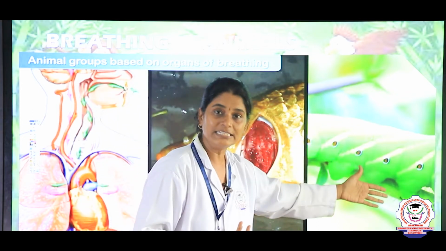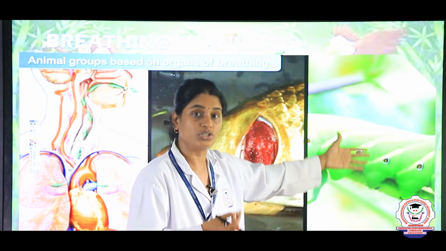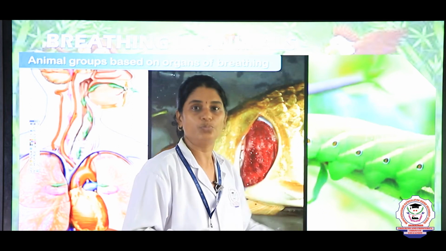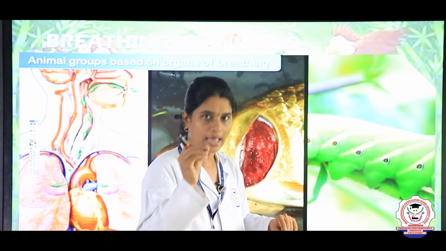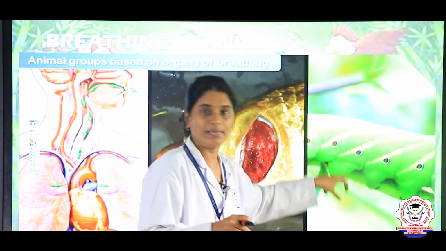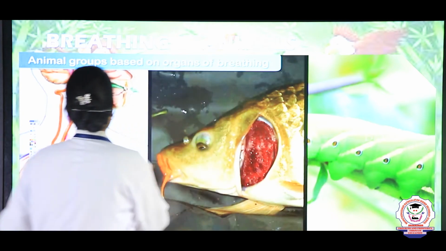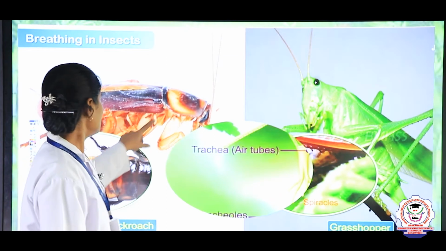And insects like cockroach, ant and grasshopper breathe with the help of tiny air holes on the side of their body called spiracles. So, first we will see what spiracles are. You can see the cockroach, right.